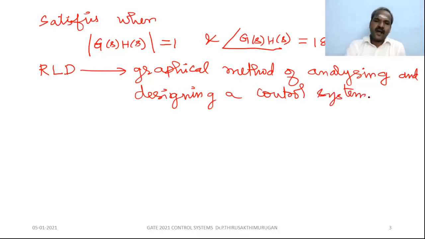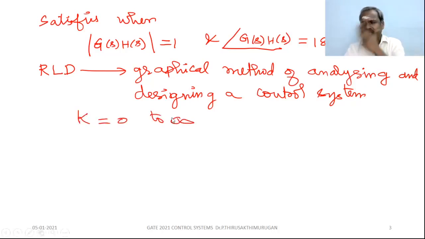So the root locus diagram is a plot of the loci of the roots of the characteristic equation while K is varied from 0 to infinity. If the gain K is varied from minus infinity to 0, the diagram is called the inverse or complementary RLD.